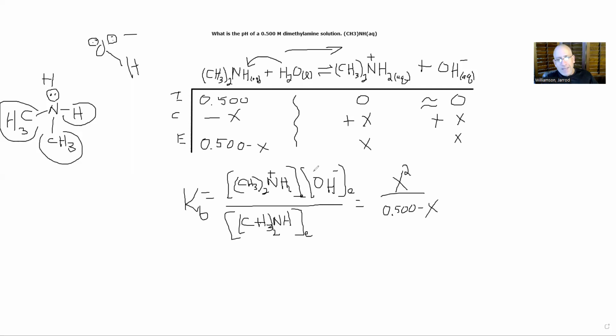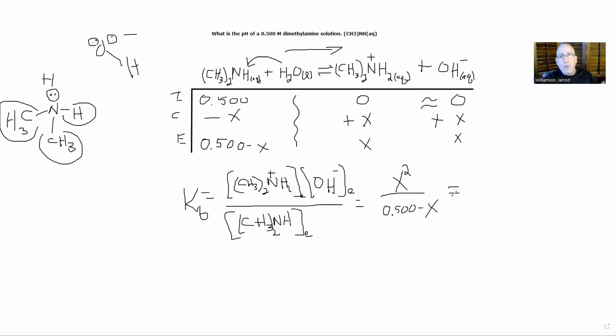Also, the fact that I have a hydroxide in there is an indicator that it's a base. So I need to go and look up that number. You have those numbers in the handout that I gave you, the appendices.